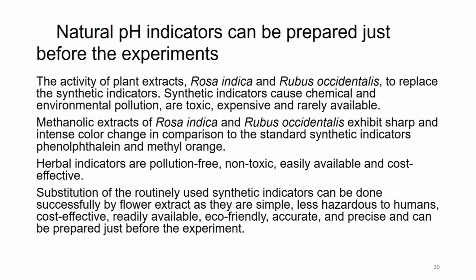Herbal indicators are pollution free, non-toxic, easily available and cost effective. Substitution of the routinely used synthetic indicators can be done successfully by flower extract, as they are simple, less hazardous to human, cost effective, readily available, eco-friendly, accurate and precise, and can be prepared just before the experiment.